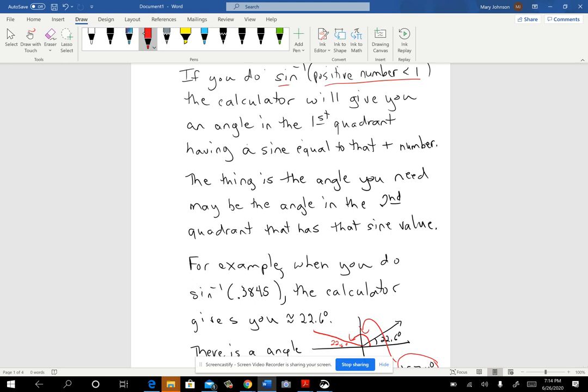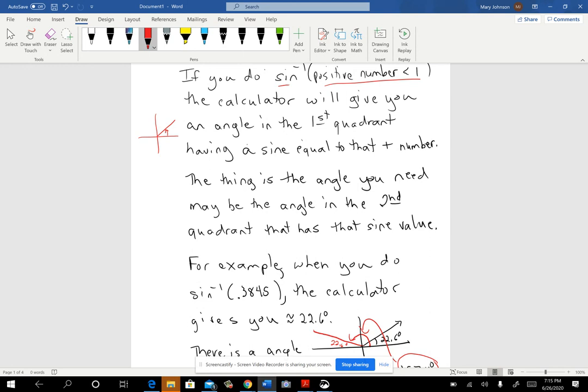Now, like we're over here now. We had sine inverse of some number, and the calculator gave us back an angle that's in this quadrant right here, because that's what the calculator will do.